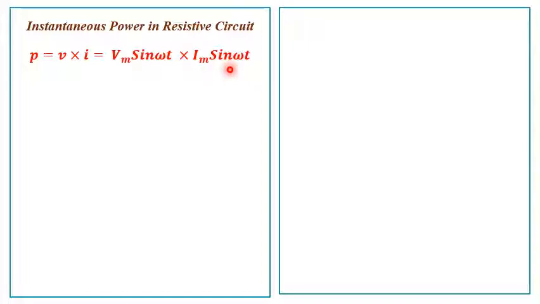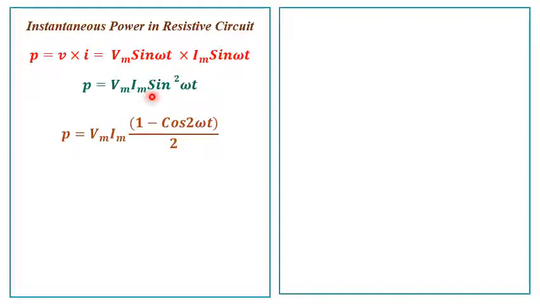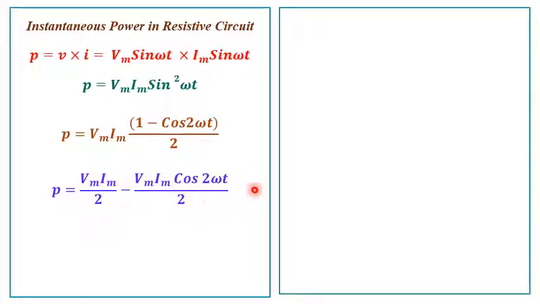Substituting, we get P equal to Vm Im sin square omega t. We can substitute sin square omega t as (1 minus cos 2 omega t) by 2. So the instantaneous power P equal to Vm Im by 2 minus Vm Im cos 2 omega t by 2. This is the instantaneous value of the power.